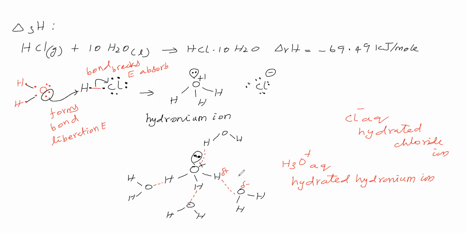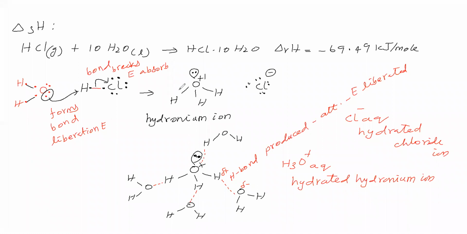Then here hydrogen bond is produced. Hydrogen bond is produced in the sense attraction is created. Attraction is created in the sense energy is liberated. Okay. Now, in this, when HCl gas is dissolved in water, we are getting solution.